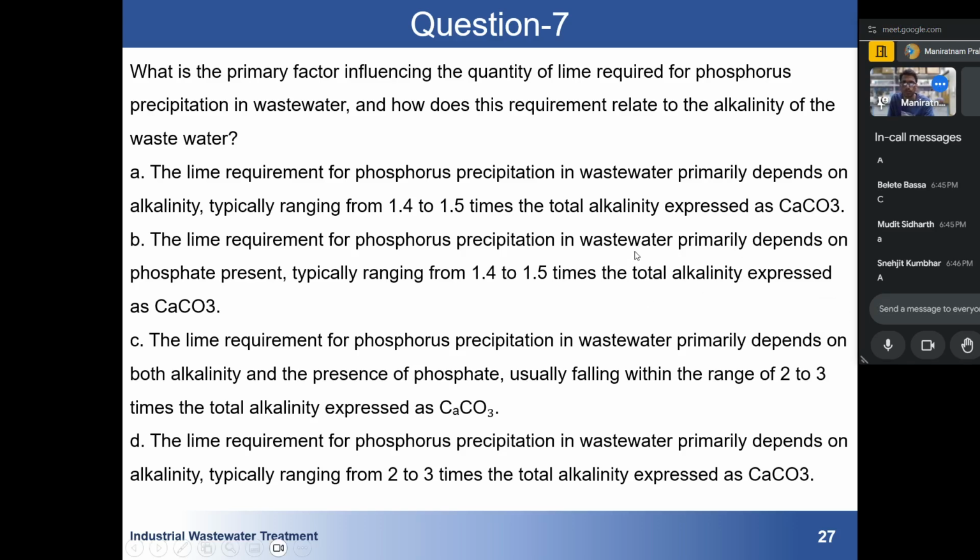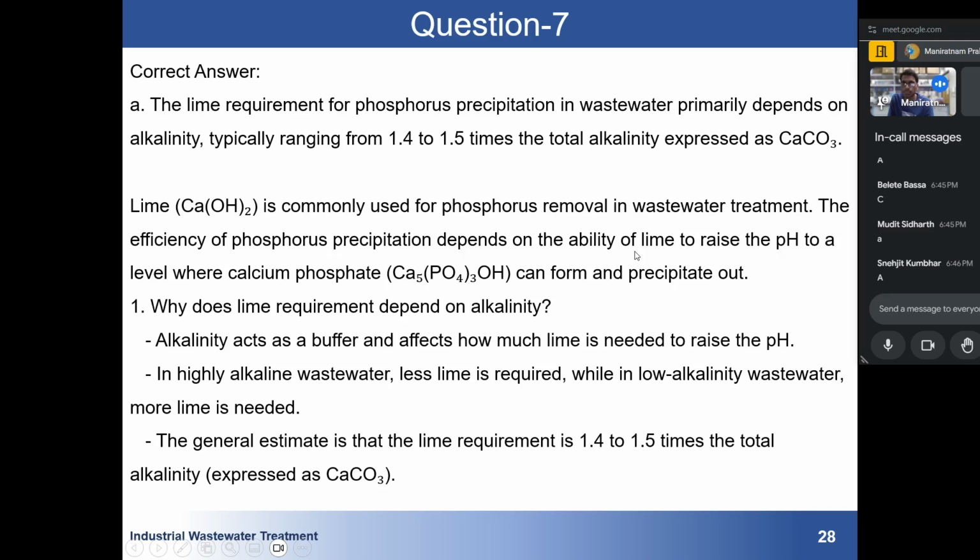The correct answer is A. The lime requirement for phosphorus precipitation in wastewater primarily depends upon the alkalinity, typically ranging from 1.4 to 1.5 times the total alkalinity expressed as CaCO3.